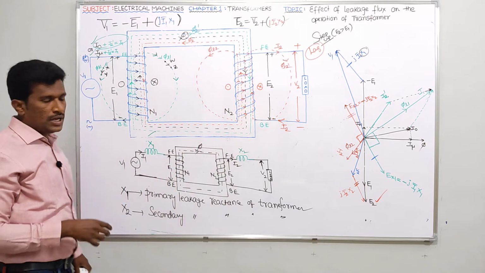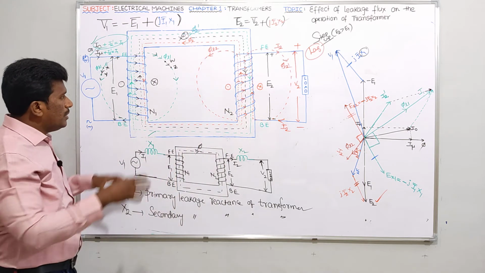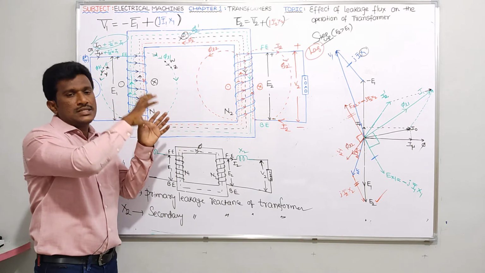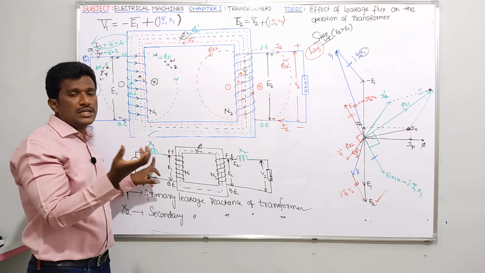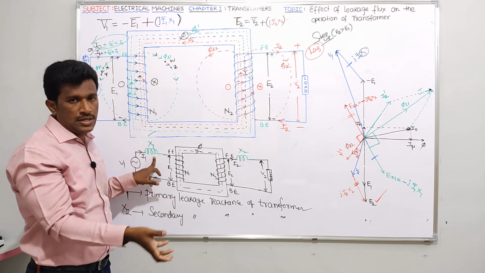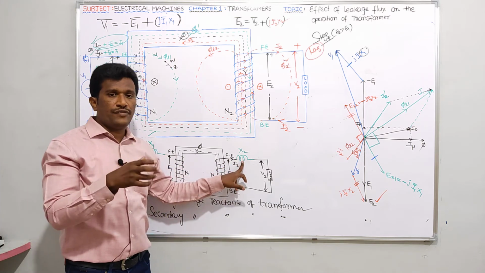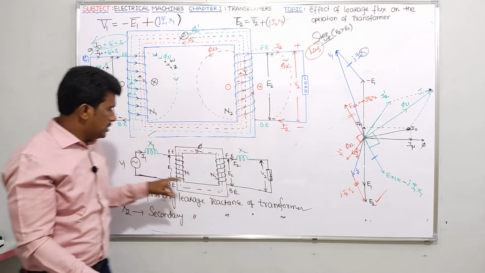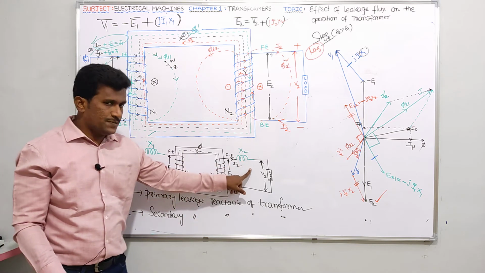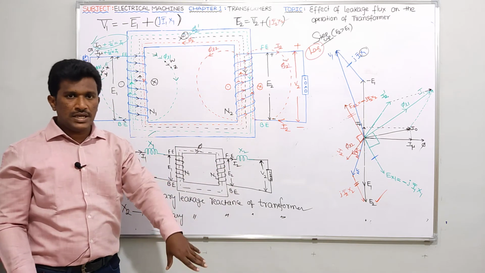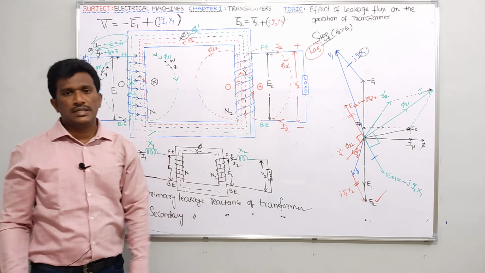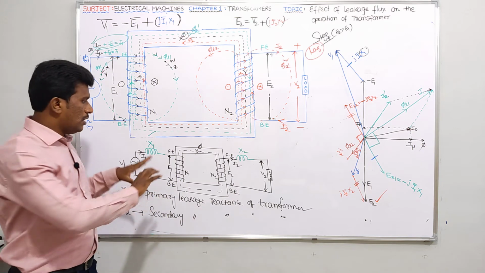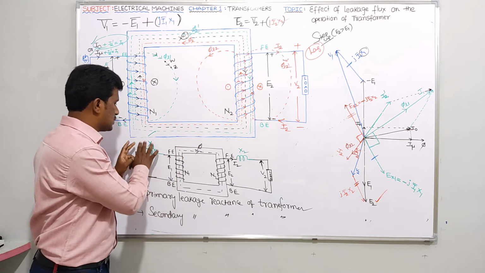Along with those, X1 is an imaginary, or I can say fictitious, reactance, and X2 is also a fictitious reactance, connected in the primary and secondary sides respectively to compensate EX1 in the primary side and EX2 in the secondary side. That's it. So X1, X2 are imaginary and fictitious reactances.